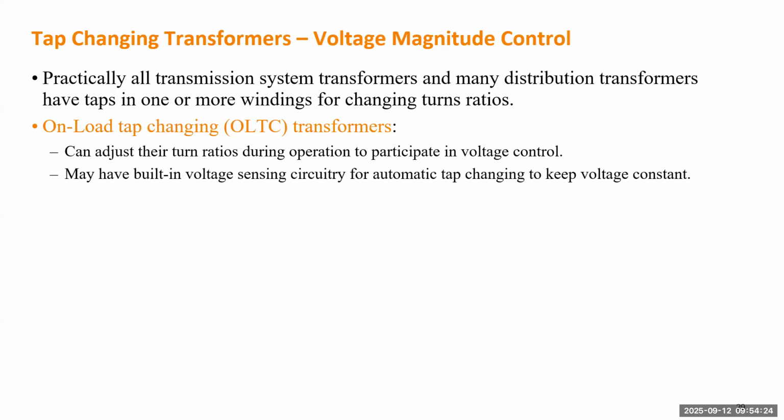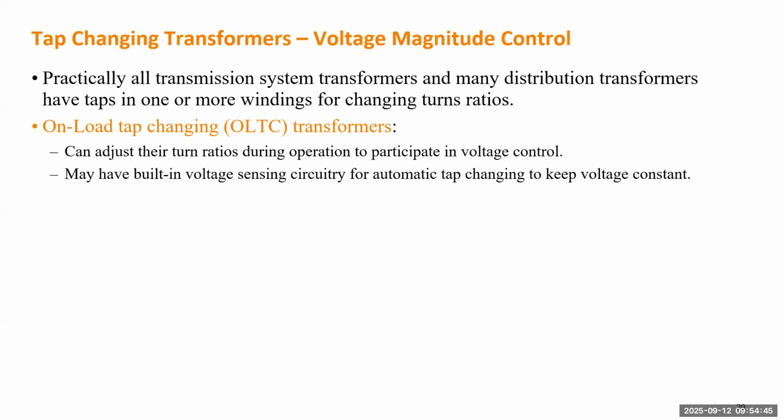So let's use the on-load tap changing transformer as one example. This transformer can adjust turn ratio during the operation, which means it can participate in voltage control. They may even have a built-in voltage sensing circuit for automatic tap changing, which means you can design a negative feedback system.